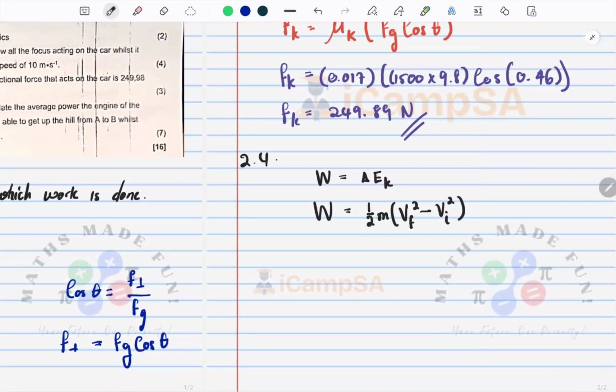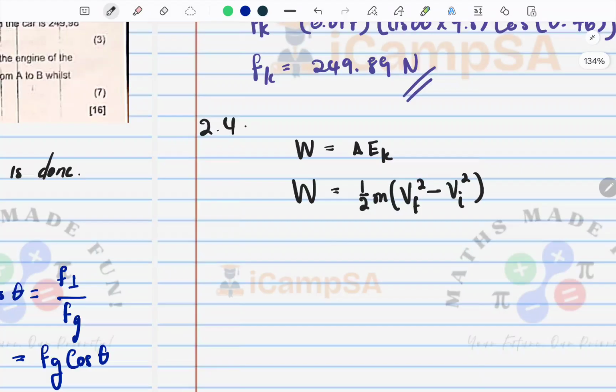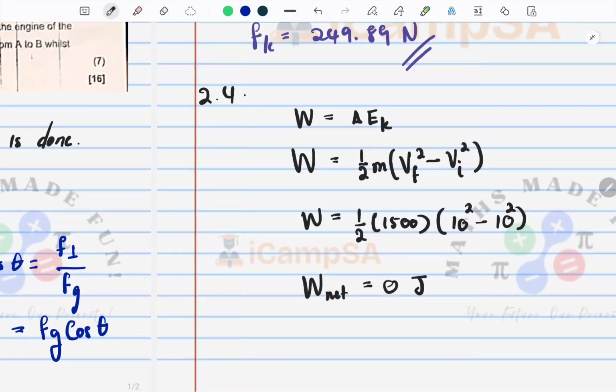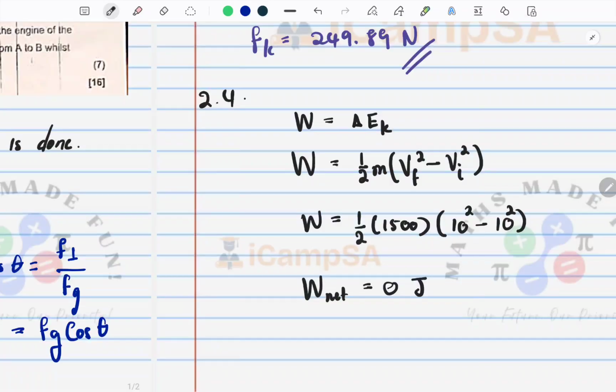So if it maintains the same speed, the net is going to be 0, because you're going to have your 1,500 here, and your V is going to be 10 at B, and also 10 at A, like so. That means this is going to be 0. So now your net work is 0 joules.